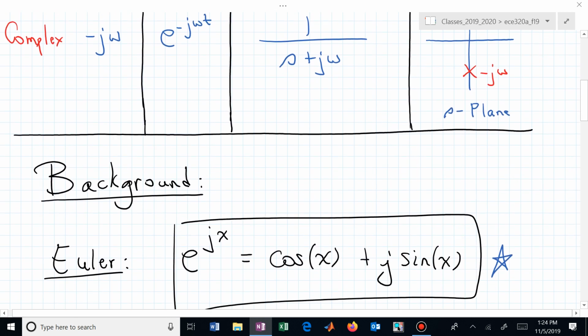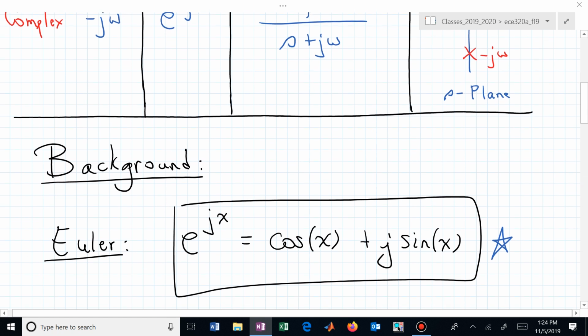Now we want to combine these. I said we want to use this workhorse, the Laplace transform of this general exponential, to find the Laplace transform of a cosine and a sine. And the background is your buddy Euler.